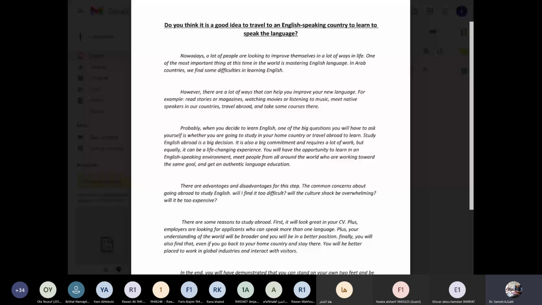Okay, so it would make sense if we take the second paragraph that starts with however and annex it or join it with the first paragraph, right? Yeah. Okay, but again, we still have the problem of Fawzia not telling us about this aspect, whether it's a good idea or not to travel to another country to learn a language.